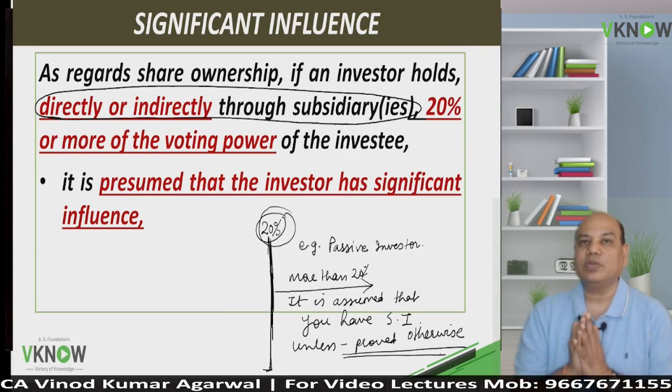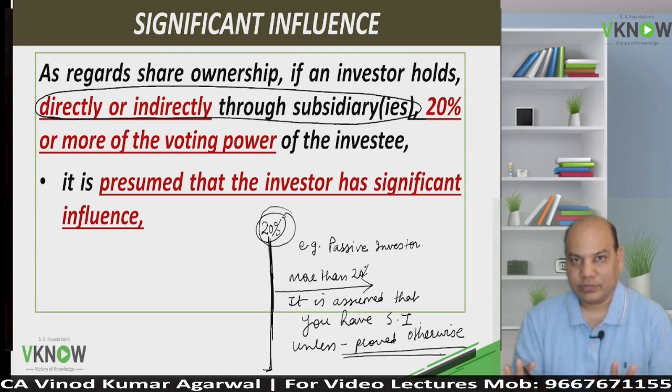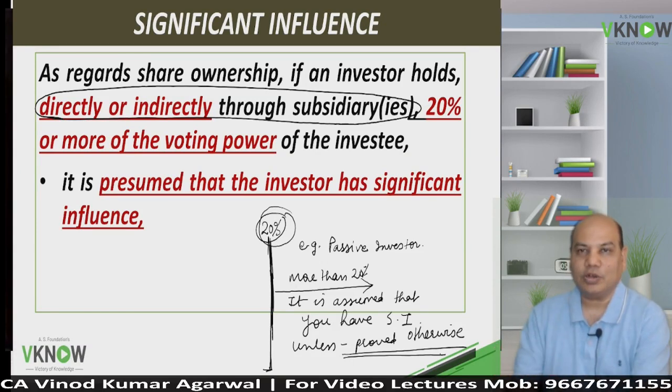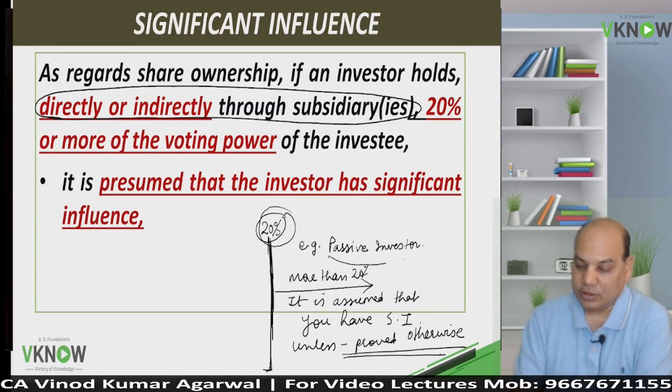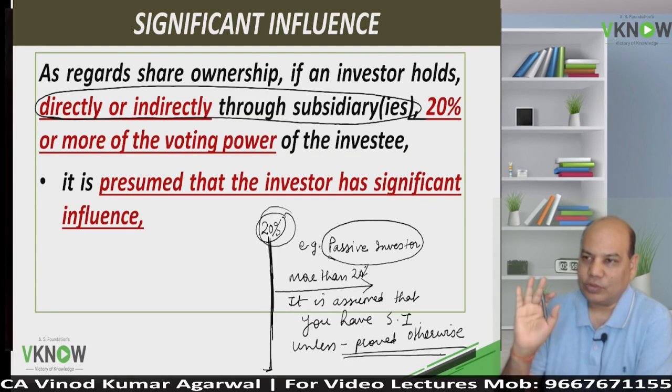He is only happy with the dividend that he receives. He does not attend any board meeting or any committee meeting or anything which has financial and operating policy decisions involved. Then this passive investor can say that I do not exercise significant influence, and the standard says okay, enjoy, then you are not required to follow AS23.